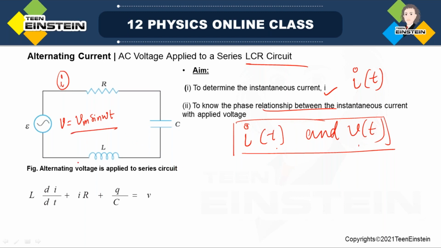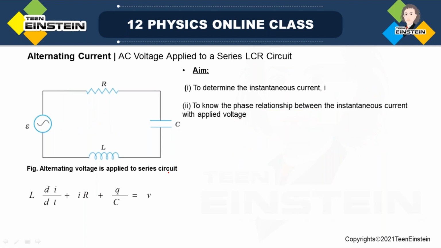The applied voltage is V equals Vm sin omega t, and we have to find out how the current is varying with time, whether it is sin omega t or it has some phase difference with the voltage.